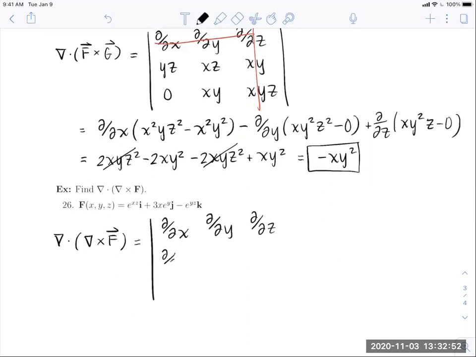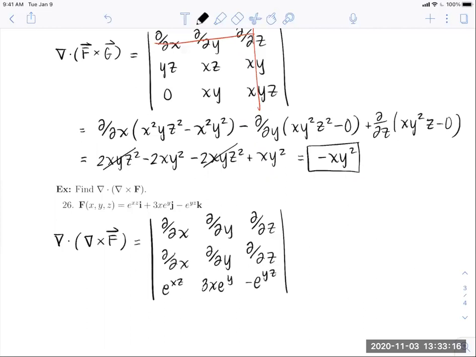I'm going to recopy that here in row 2. And then I'm just going to add in the component functions for f across the bottom row. So e to the xz, 3x e to the y, and negative e to the yz.